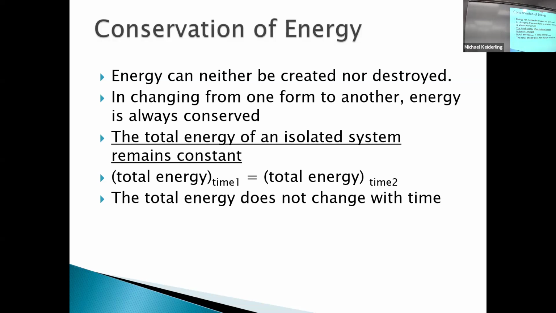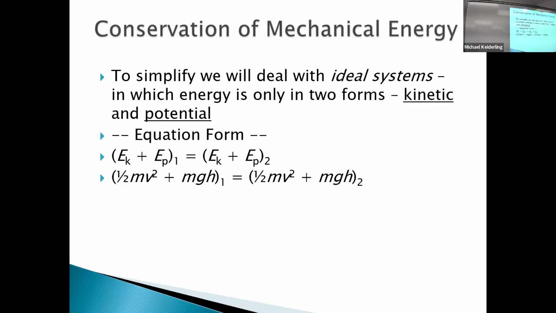If we don't have any energy loss to things like friction, we will deal with ideal systems that only have kinetic and potential energy. You can have other forms of energy, of course. But what you get is kinetic energy 1 plus potential energy 1 equals kinetic energy 2 plus potential energy 2.